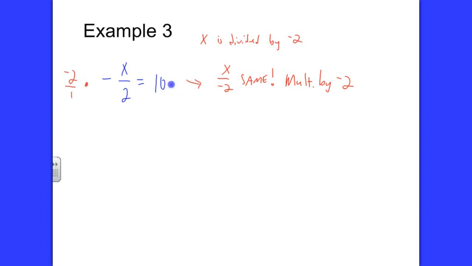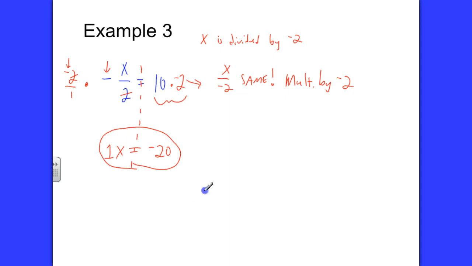If I multiply times negative 2, watch what happens. I do it to both sides. You've got to keep it balanced. I forgot to do my line again. A negative times a negative is positive, so I just turned it positive. The 2 cancels out, 2 divided by 2 is 1, so it became positive 1x. 10 times negative 2 is equal to negative 20.